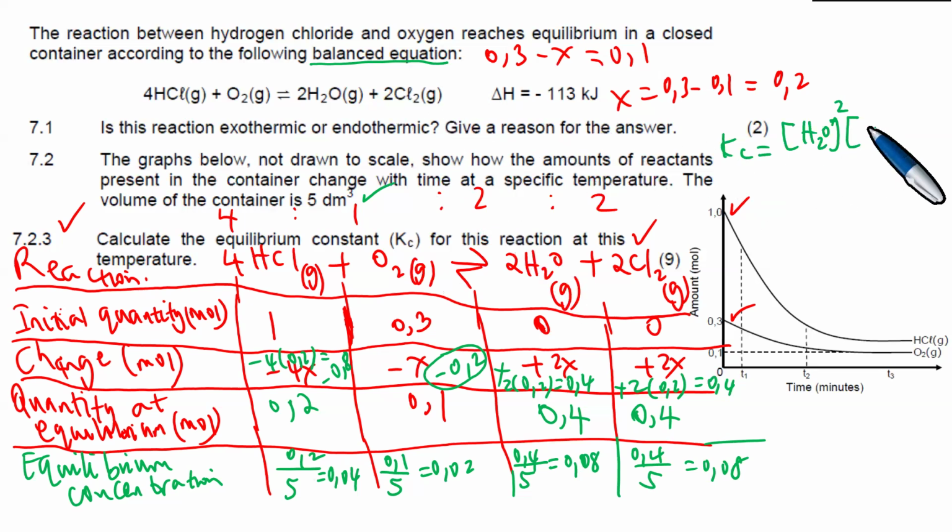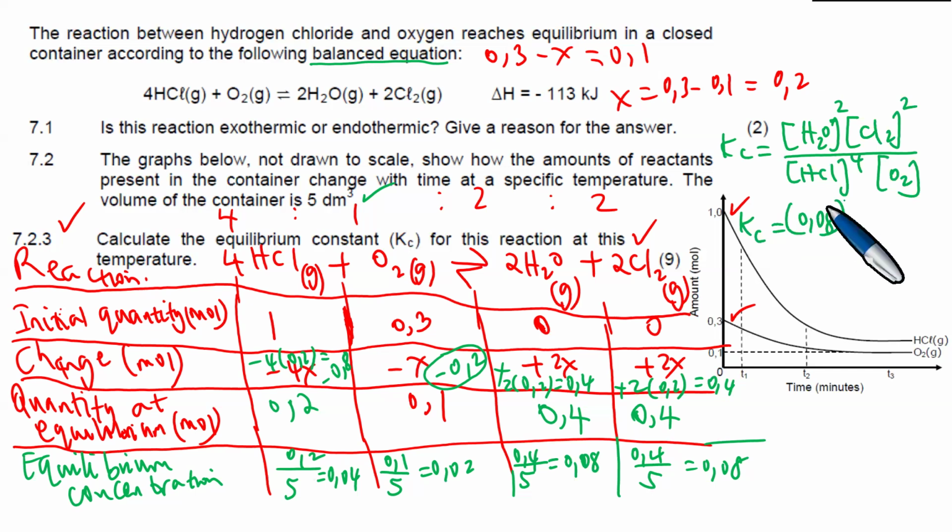So we have Cl2 squared, HCl to the 4th power. Kc equals H2O, 0.08, you square this.